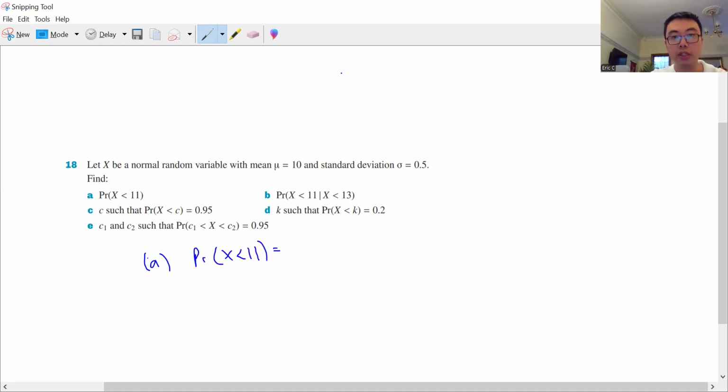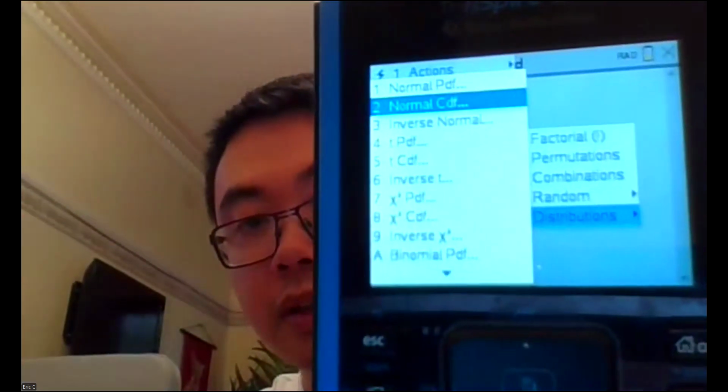So what I want to do is put up our CAS and go to menu, probability distribution, and go to normal CDF here, and then just go enter. Your lower bound is going to be negative infinity, your upper bound is going to be 11, your mean is going to be 10 as per the question, and your standard deviation is going to be 0.5.